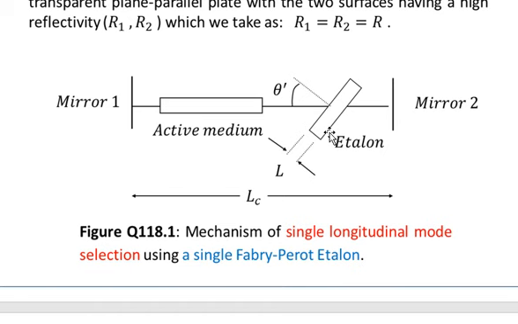So rotation of the Etalon is important in the selection of different longitudinal modes. The description of this figure is: mechanism of single longitudinal mode selection using a single Fabry-Perot Etalon.